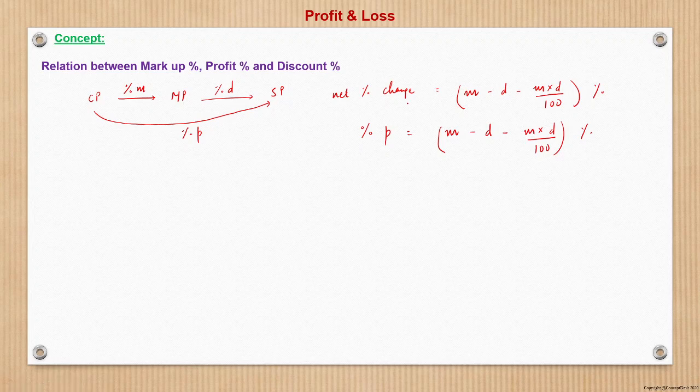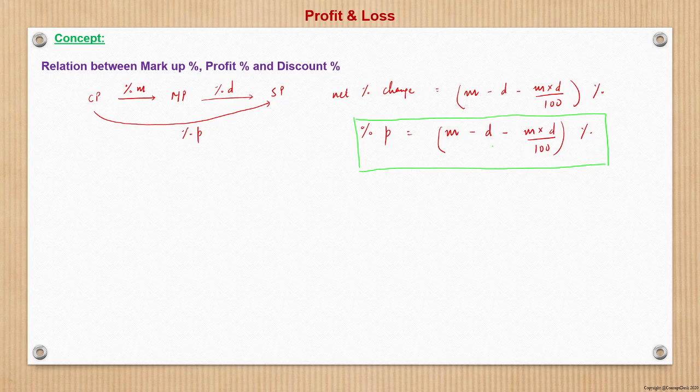So therefore, from here, we get a relationship between profit, markup and the discount percentages. M, D, and P all are in percentage terms, right? All are in percentage terms. So this is a standard relationship. This we can remember.